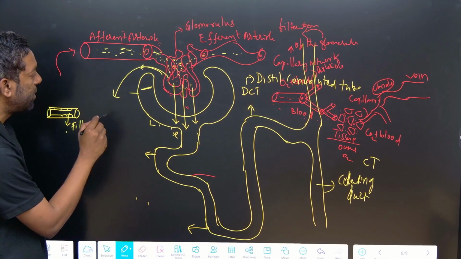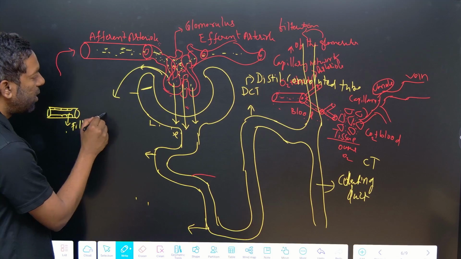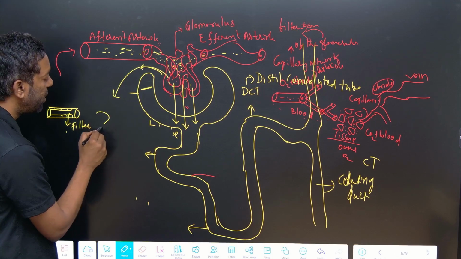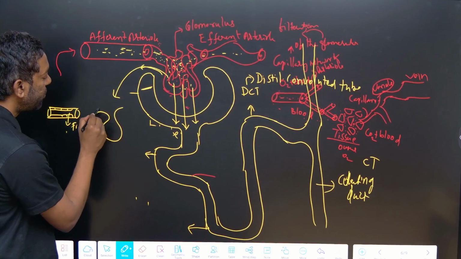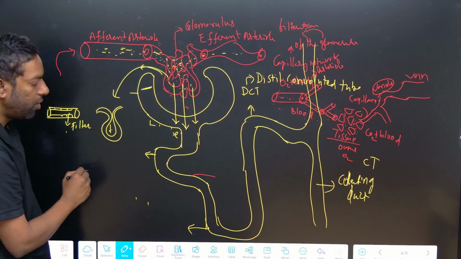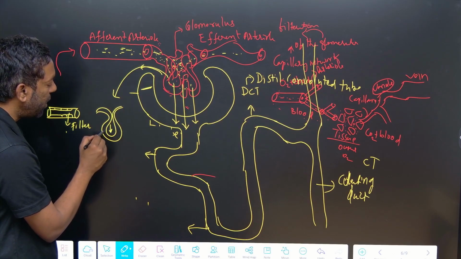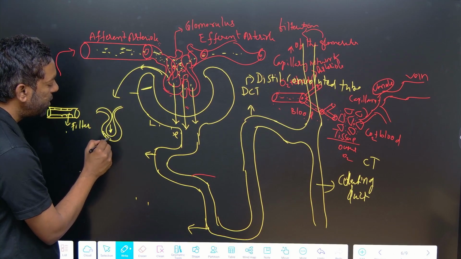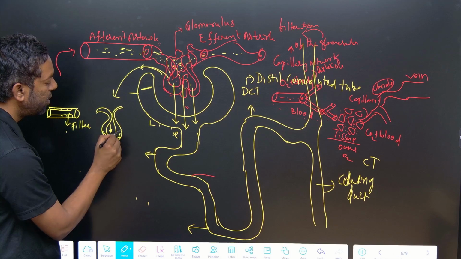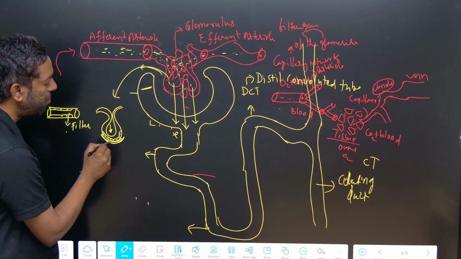Here is the capillary network, this is the capillary. The capillary carries the urea fluid. The capillary network has endothelial cells like this, and endothelial cells have a certain basement membrane.